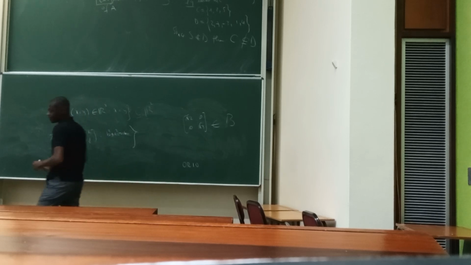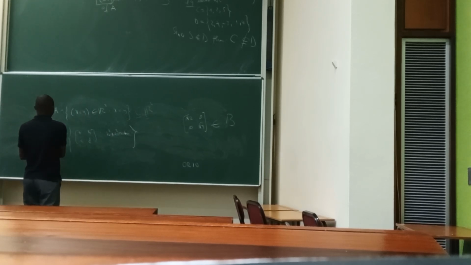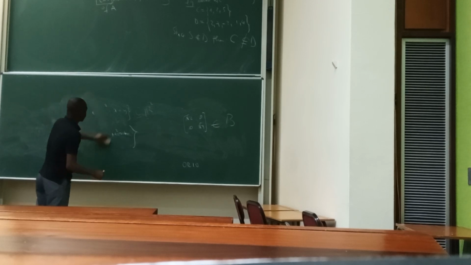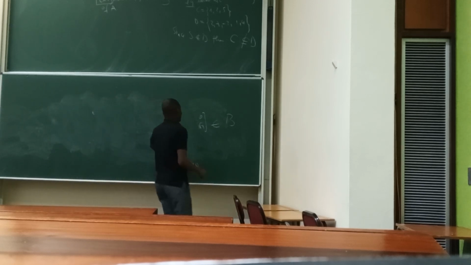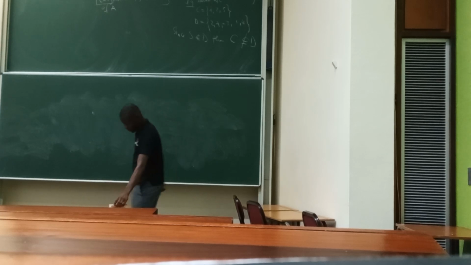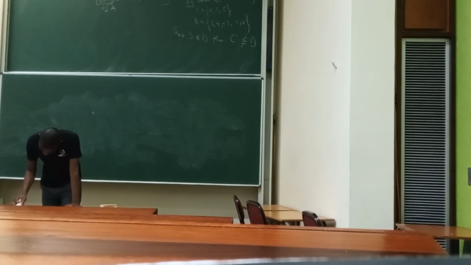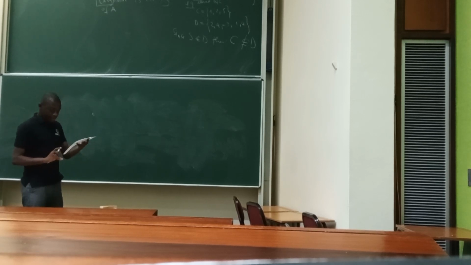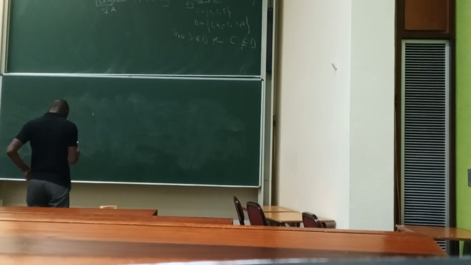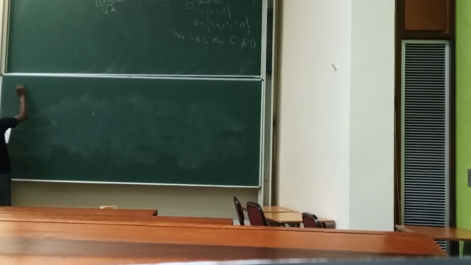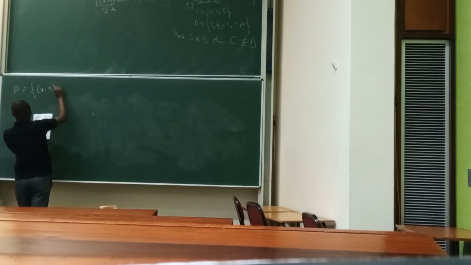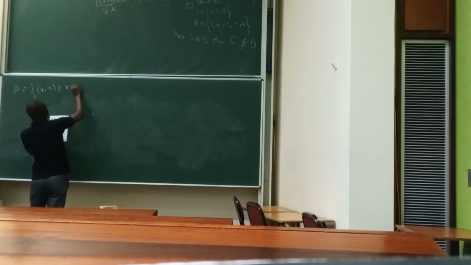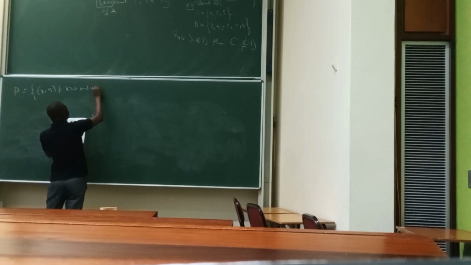Okay, so this is better now. Okay, let's look at a few examples. We look at the example in the notes. Example 3.20. In this example, we have the set P, which is x, y such that x is greater than 0 and y is greater than 0.